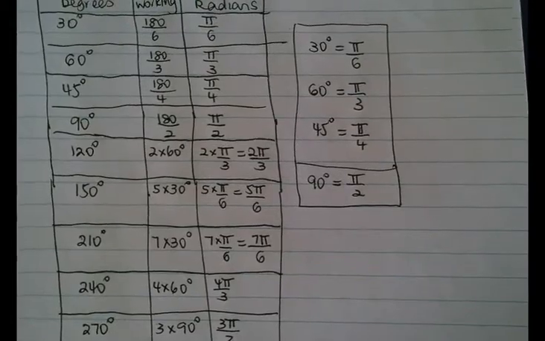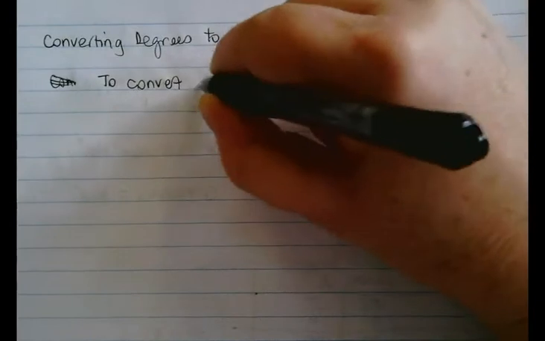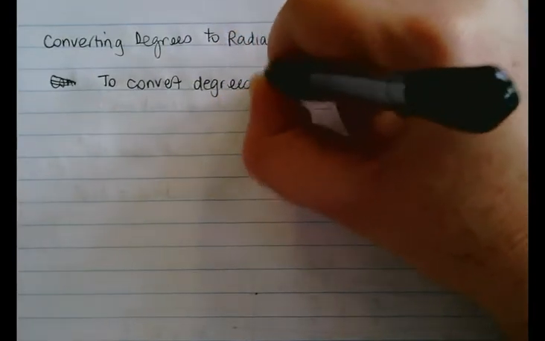For converting numbers like 30, 60, 45, 90, anything that's a multiple of 30, 60, 45, but not every angle is 30, 60 or 45. So I might ask you to convert 10 degrees or 5 degrees to radians. Let's say I say to convert degrees to radians.